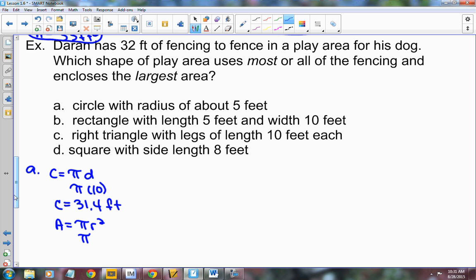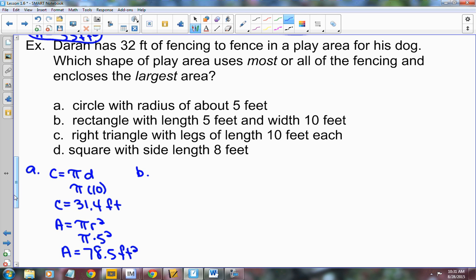My radius is 5. What does that get? Pi times 5 squared. Anybody got it? 78.5 feet squared. Okay? All right, now I've got to do these others and compare them with this one.